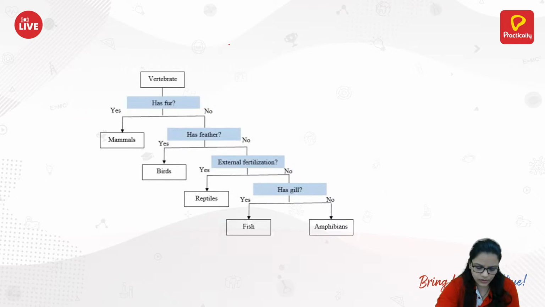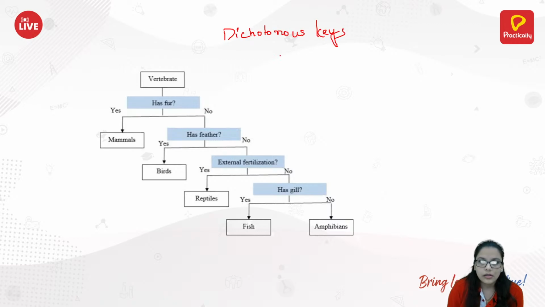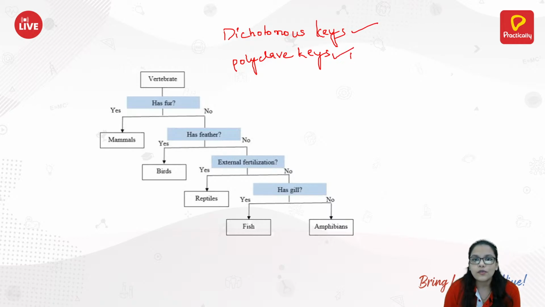There are two kinds of keys basically. There are dichotomous keys and there are polyclave keys. Dichotomous keys are just for identification, and polyclave keys are used for rejection.